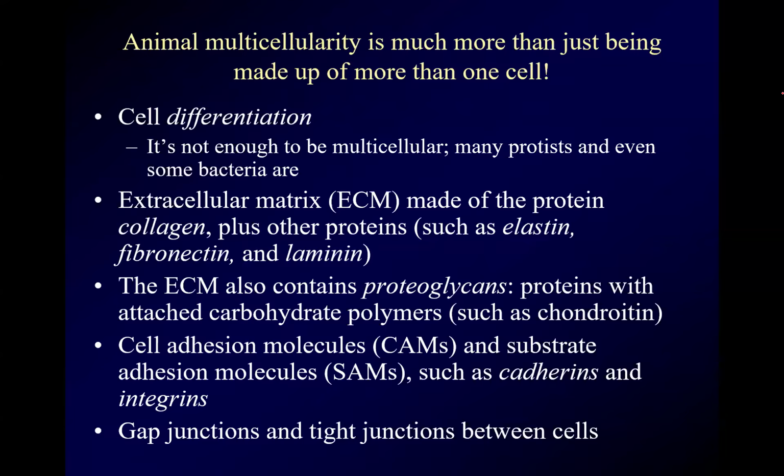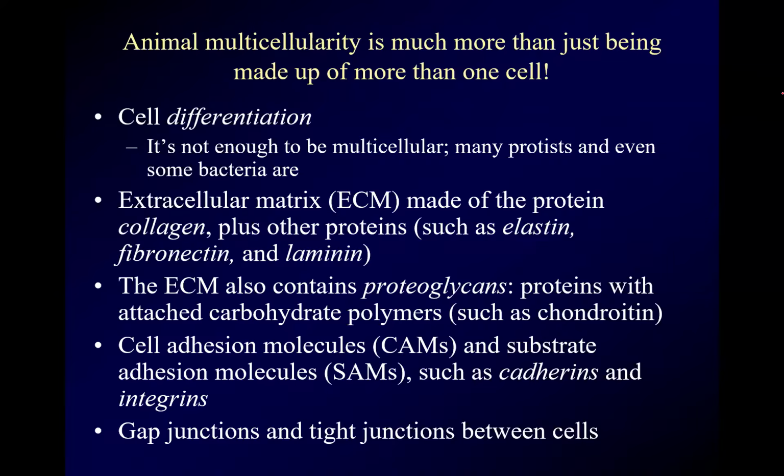Your body's made of roughly 200 different types of cell, whereas the simplest animals that we're going to see have exactly four types of cell. But you have to have cell differentiation to be a true animal. Although, be it said, plants have this, fungi have this, and some of the more complex things like seaweeds have this too. So this is not unique to Animalia.